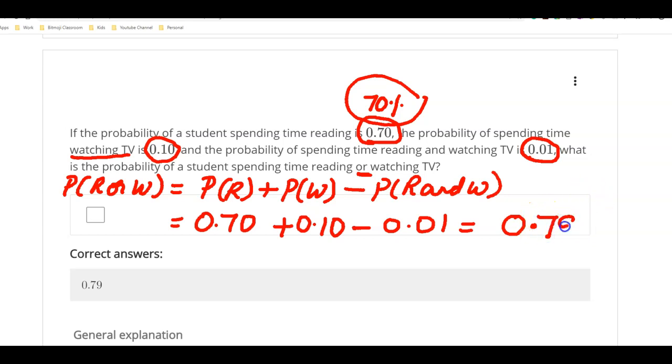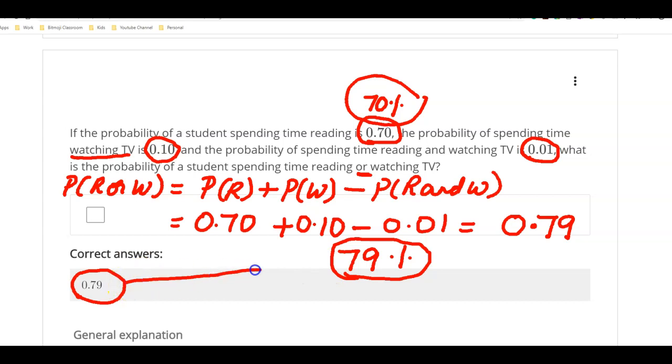So 79% of the time, the student is either reading or watching TV. So your correct answer in decimal is 0.79. You don't have to give your answer in percentages, but I'm giving it to you as a percentage so you can know that 0.79 is nothing but your 79%.